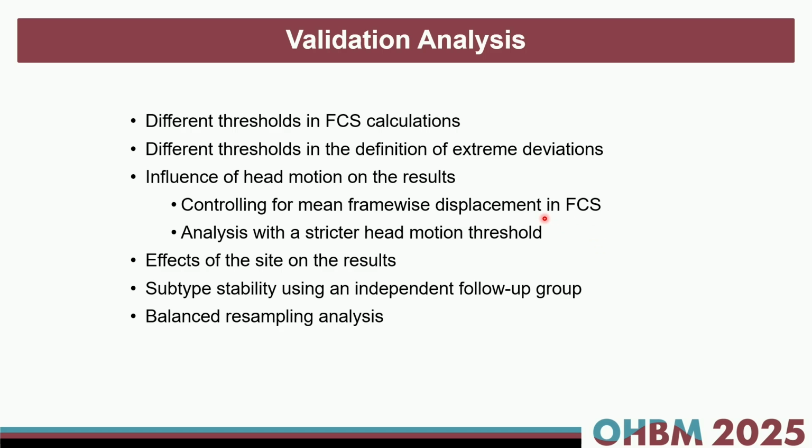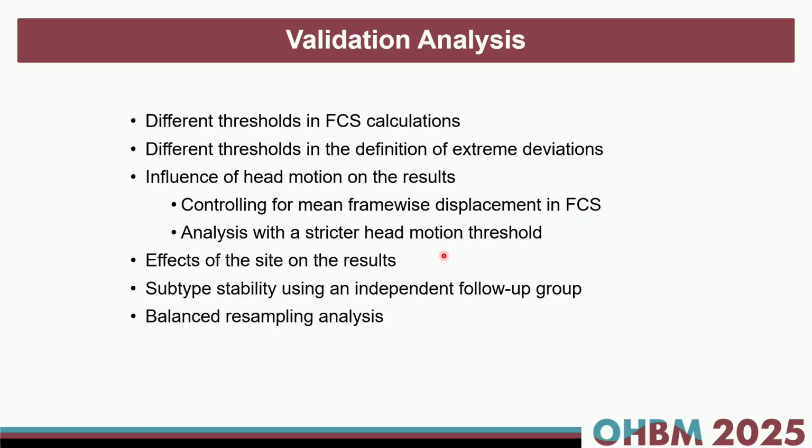Finally, we also validated our findings under different analytical choices. For example, we used different thresholds in FCS calculations and in the definition of extreme deviations. We also validated the influence of head motion on the results by controlling for mean FD in FCS and applying a stricter head motion threshold.